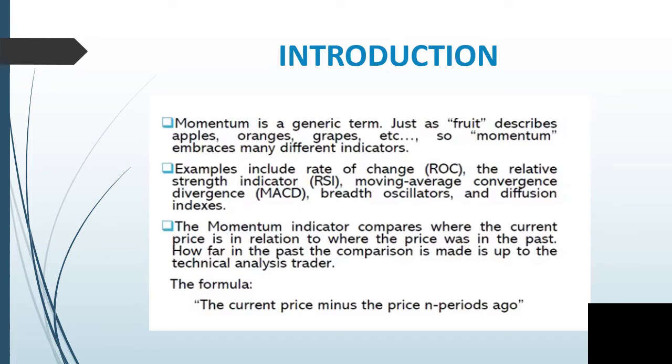Previously we have learned about moving average. I'm pretty sure that you are now familiar with how to determine the buy and sell signal by using moving average and also double simple moving average.